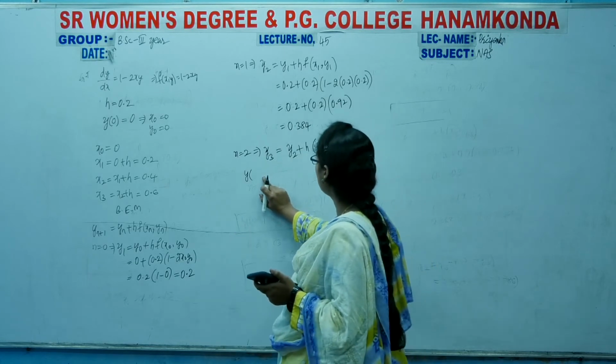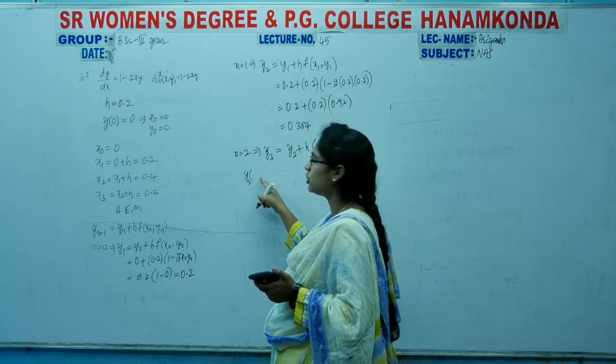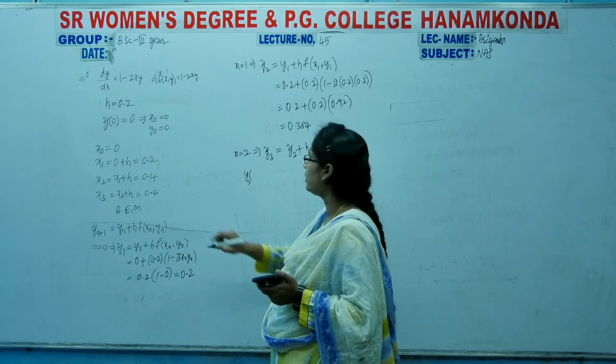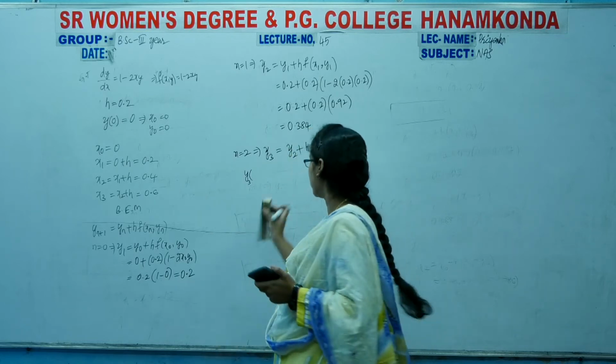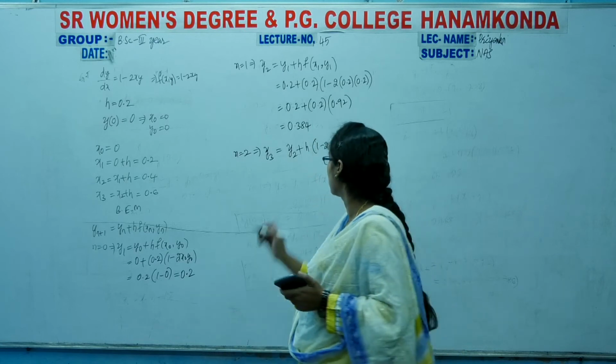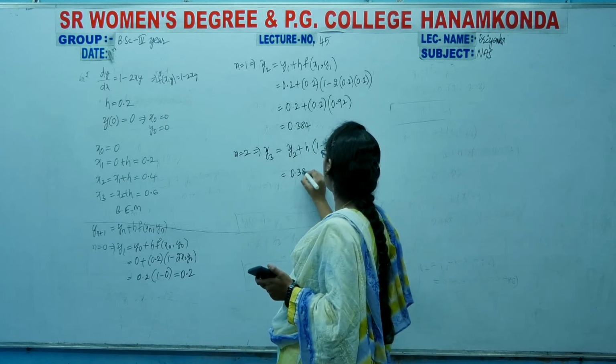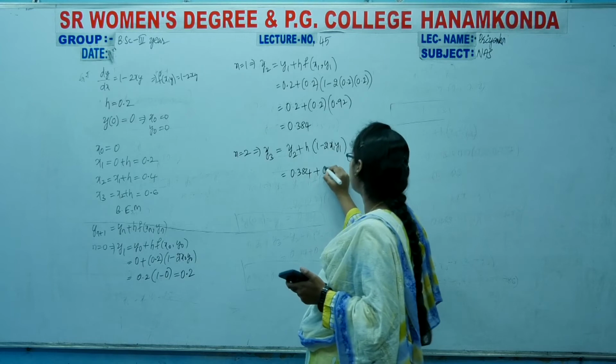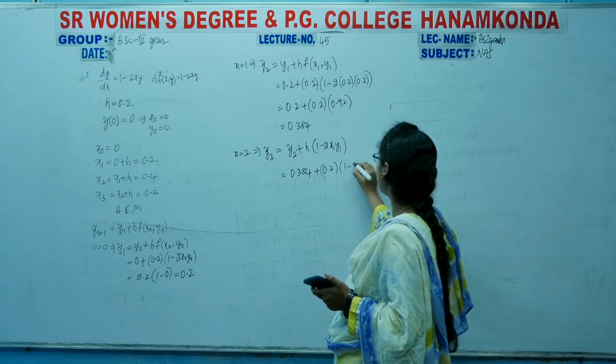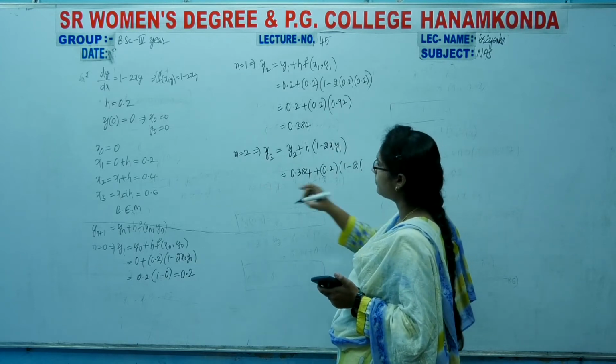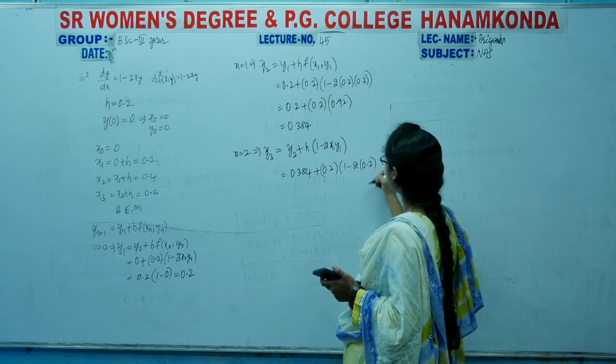So y3 I am calculating, y3 of x3. Now see here, directly I am taking this value. Now y2 is 0.384 plus h is 0.2, 1 minus 2 into what is x1, 0.2.